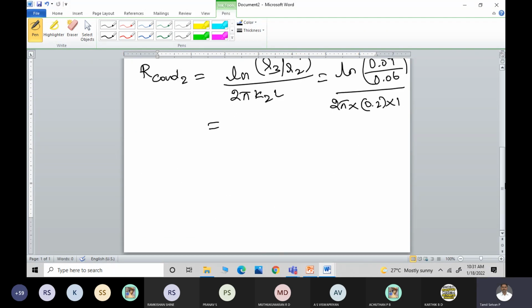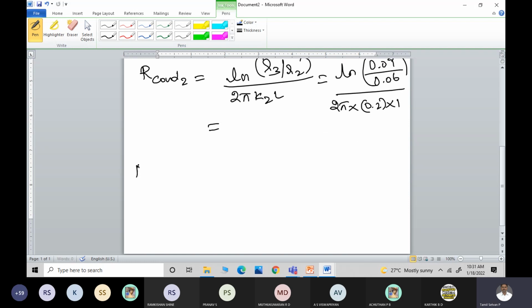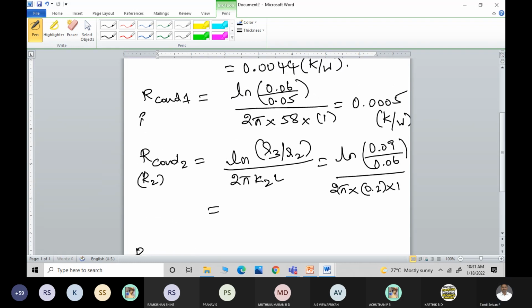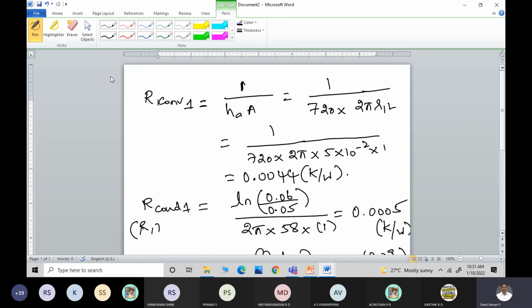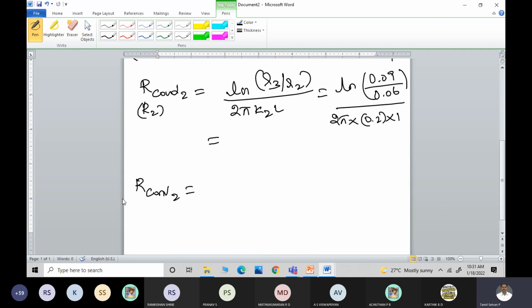Let me calculate the last one also, the convective outer. In some textbooks, they mention it as R2. This is R1, and this is RA, R suffix A because of the inner fluid, and this is R suffix B. So whatever textbook you follow, you can do.